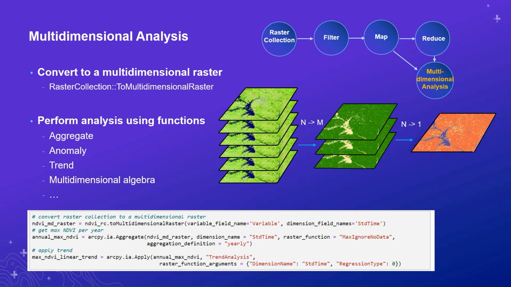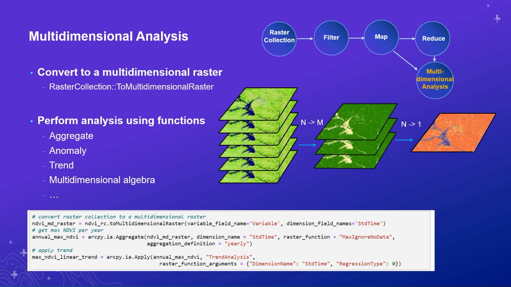So in many cases, the reduce is not just as simple as max and min. It can be more complicated. For example, if I want to look at the trend using the items within that collection, I can leverage the multidimensional raster analysis capabilities.